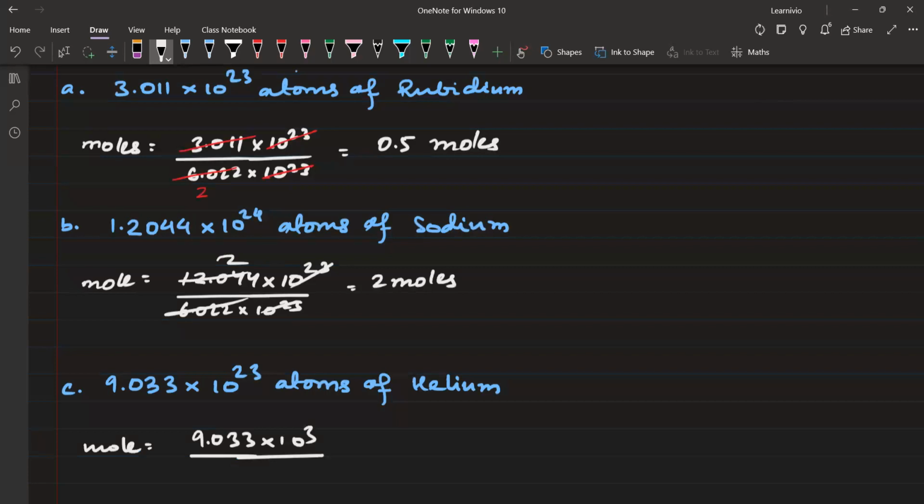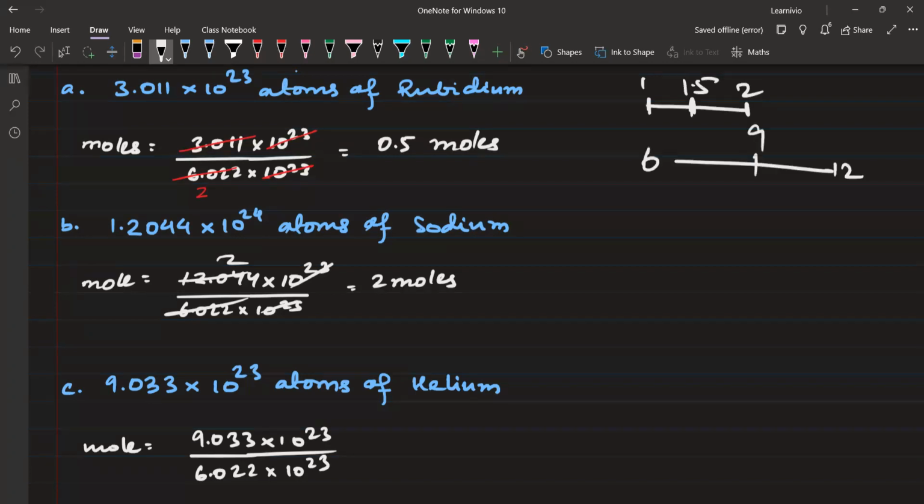Whenever you are halfway toward double, the factor is 1.5. If you are at 1 and want to double, that is 2, and halfway is 1.5. Similarly, if you are at 6 and want to double it, that is 12. Half of that is 9, so 9 is 1.5 times 6. If you calculate, you will get this too. 10 to the power 23 cancels, and this is equal to 1.5.